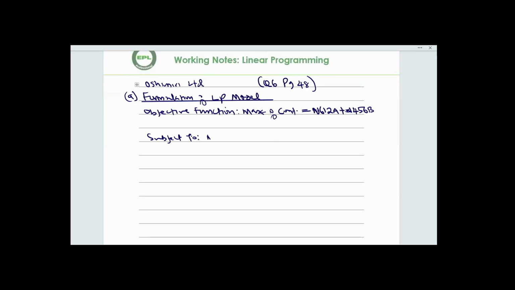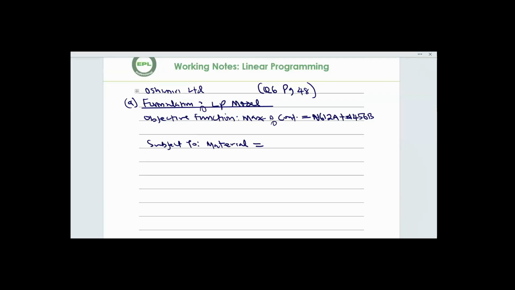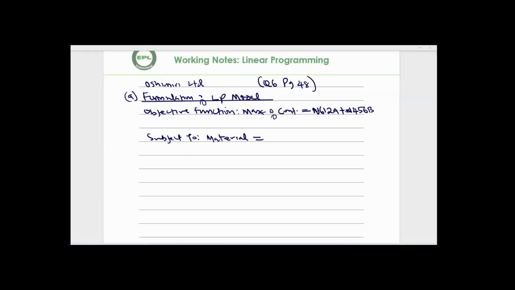The first constraint is material. Let me write that. Material kilogram. According to the question, let's go back there. We are given material cost to be 480, then 240.